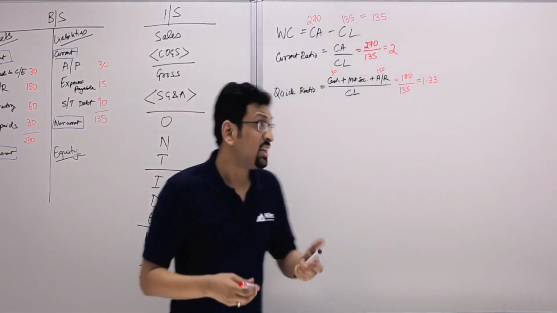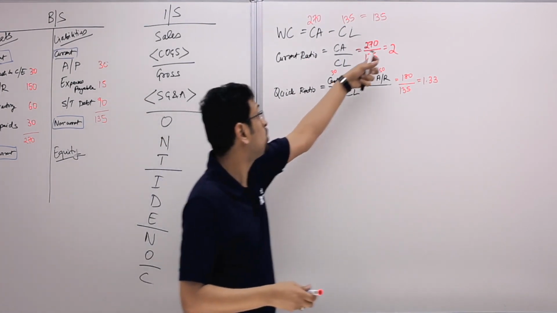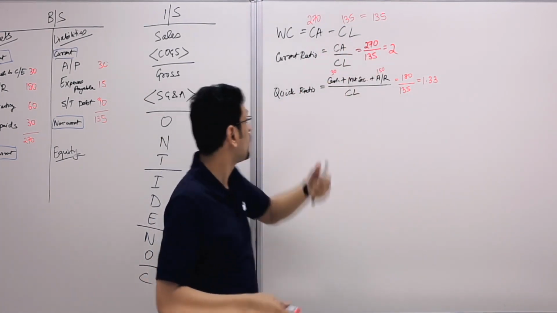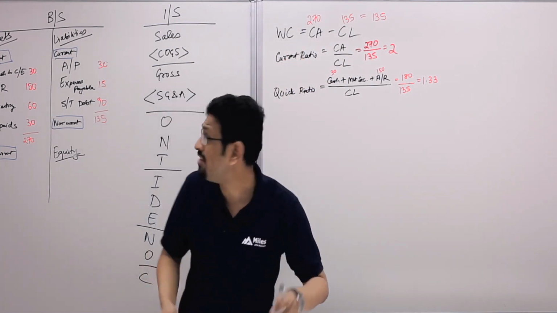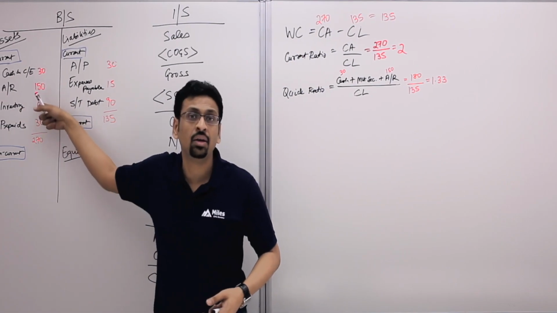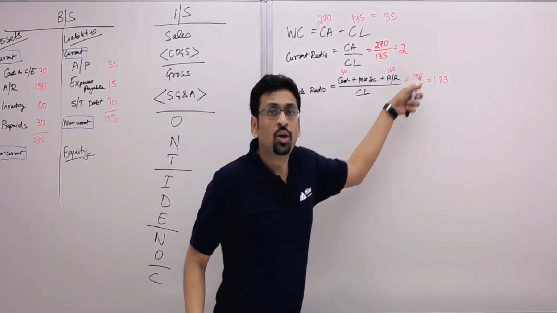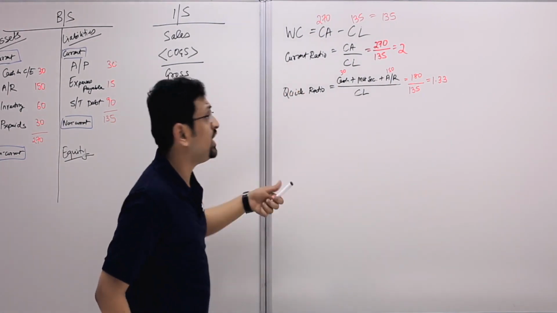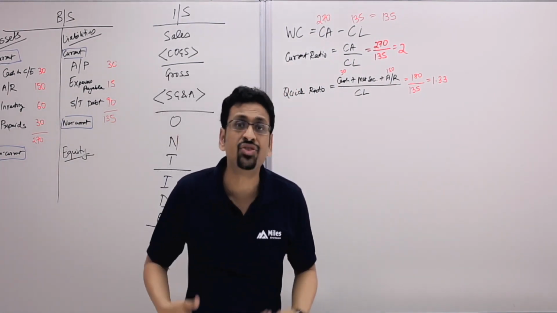So if you look at it, current ratio is higher naturally because you've more on the numerator here. You also have inventory and prepaids. But when you're looking at quick ratio, you don't have inventory, you don't have prepaids. So it's 270 minus 90, 180. Denominator remains the same, current liabilities becomes 1.33. So these ratios are often called solvency ratios.